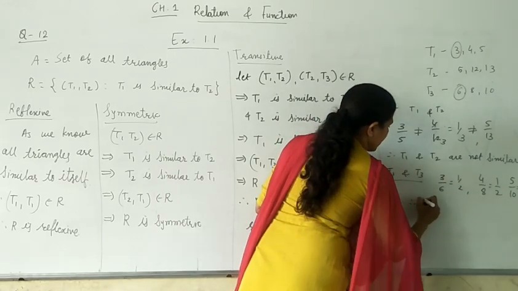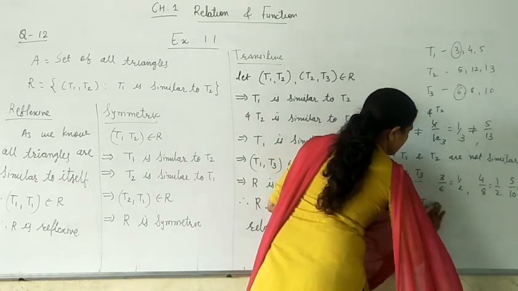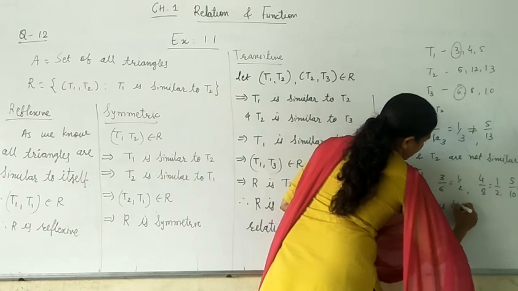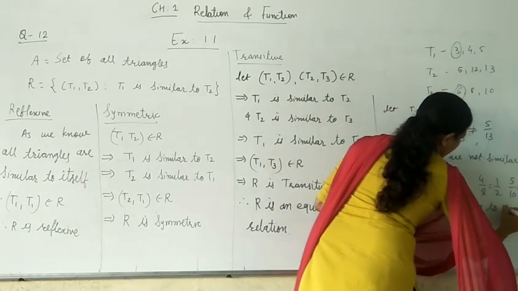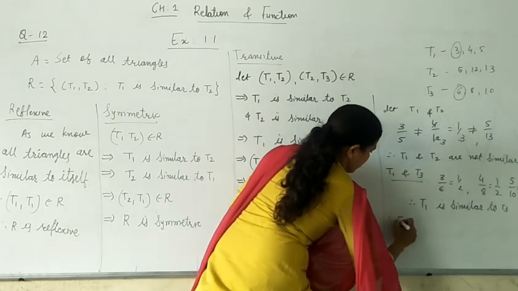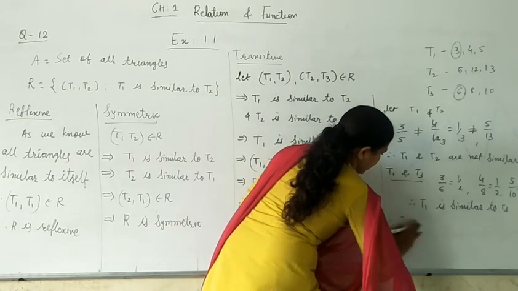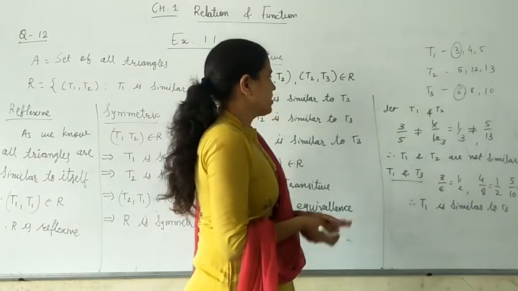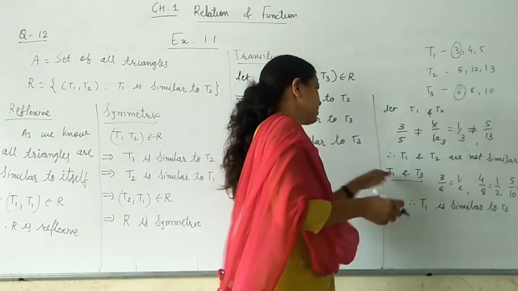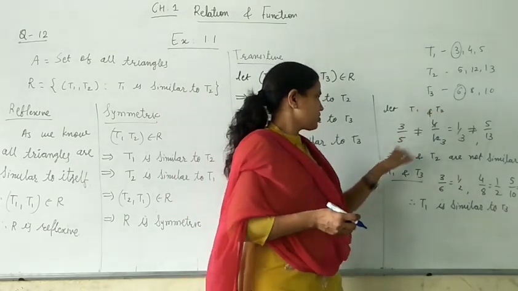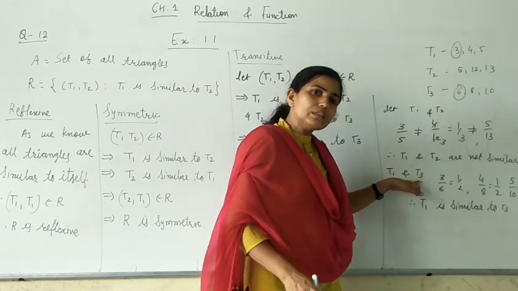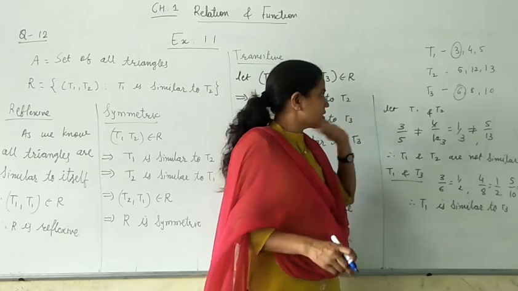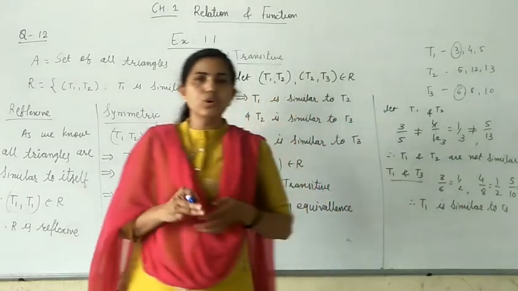And therefore, T1 is similar to T3. As T1 and T2 are not similar, and T1 and T3 are similar, T2 is not similar to T1, so obviously it is not similar to T3. So T1 is similar to T3.